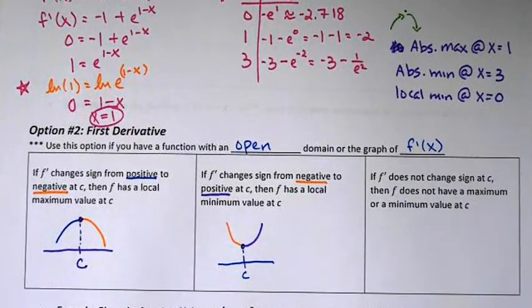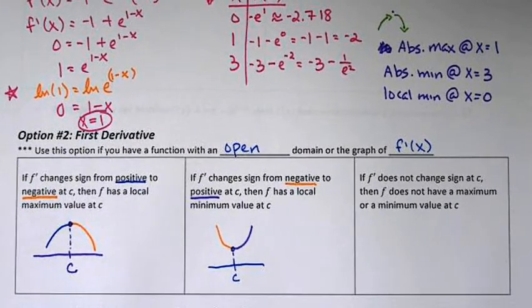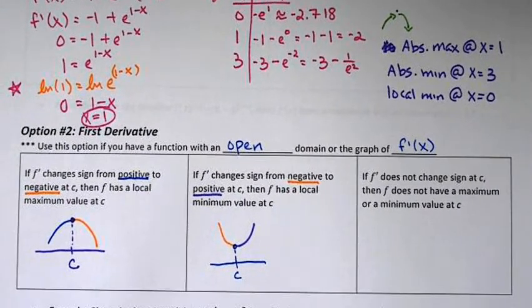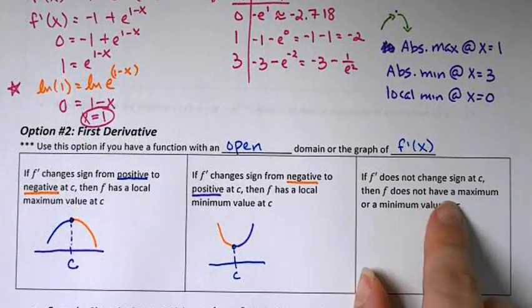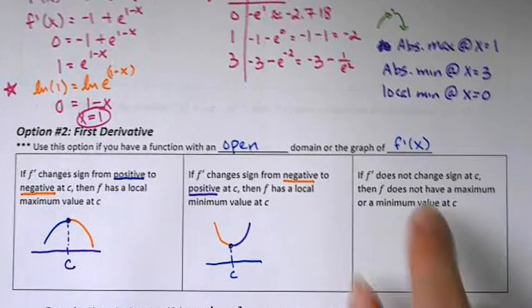All right. Then if f prime does not change sign at c, then f does not have a maximum or a minimum value.